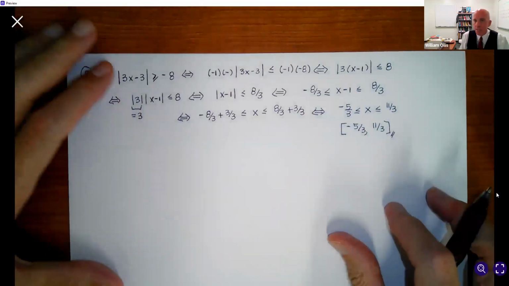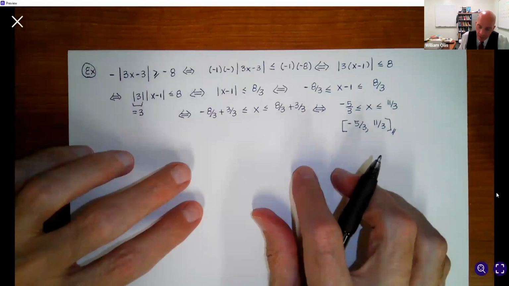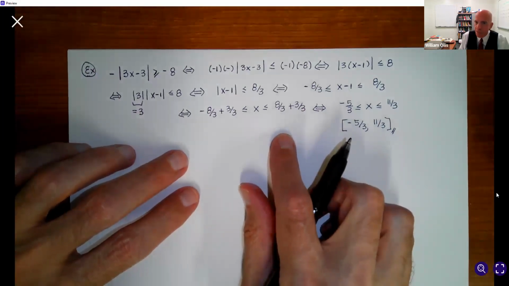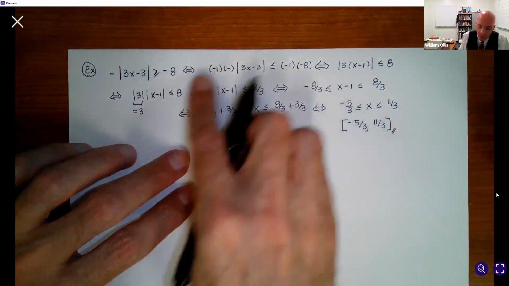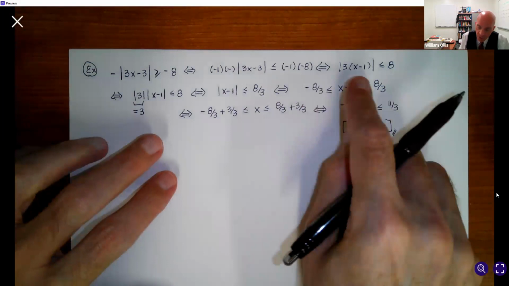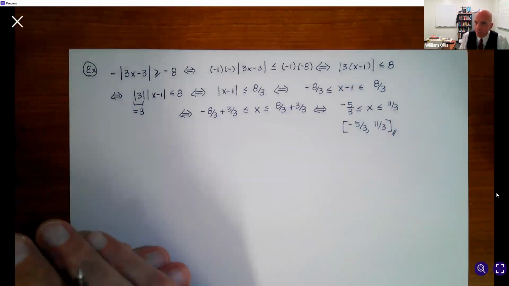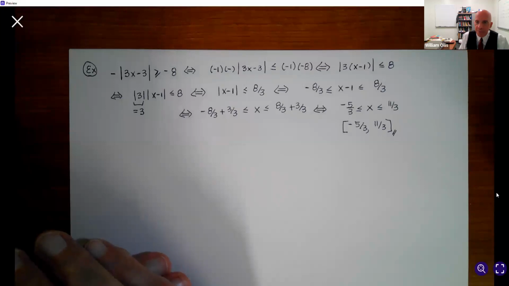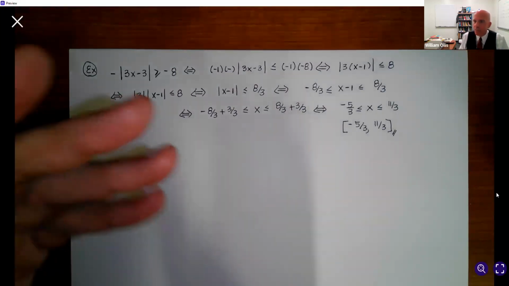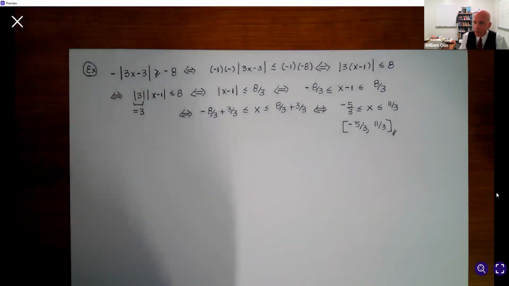So what you see here is, with this computation, even though it's very simple compared to the last one, we get to use the properties of the absolute value. And then we get to use the conjunction theorem, okay? So just remember that the absolute value is useful, and it will be your friend if you know how to manipulate it correctly.